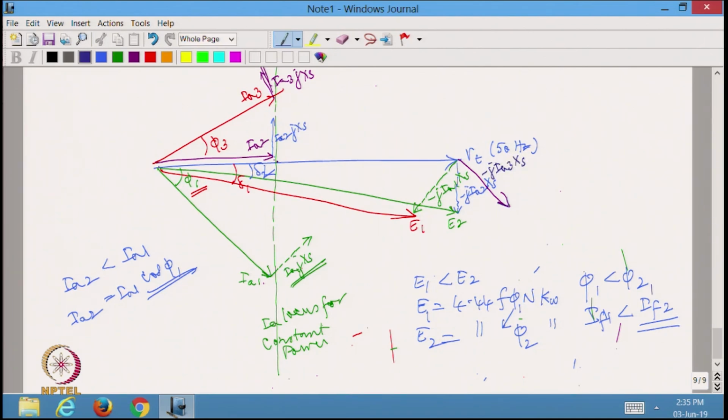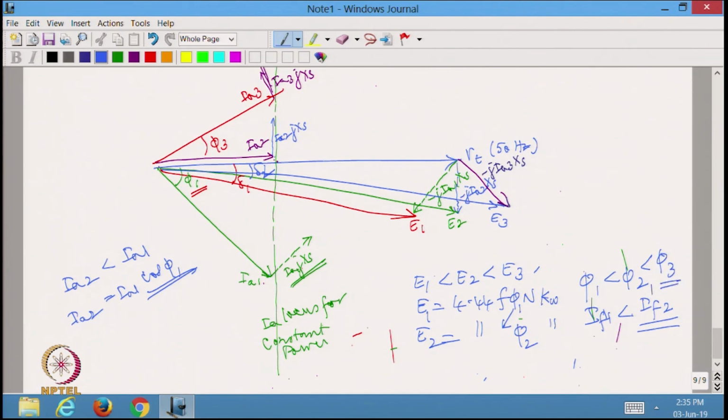Now, if I join this like this, this is E3. So, I should say E1 is the smallest, then E2 is higher and E3 is the highest or largest. So, clearly I am going to have phi 1, the flux, as the smallest in the first condition, then phi 2, then comes phi 3, which is the largest.